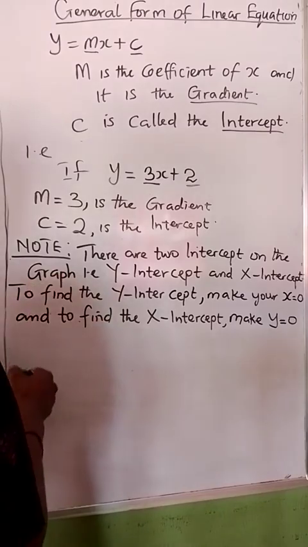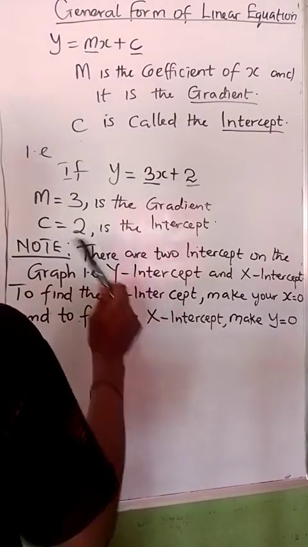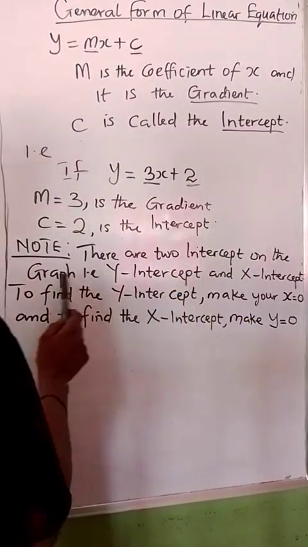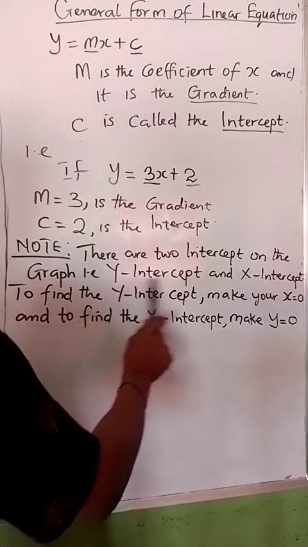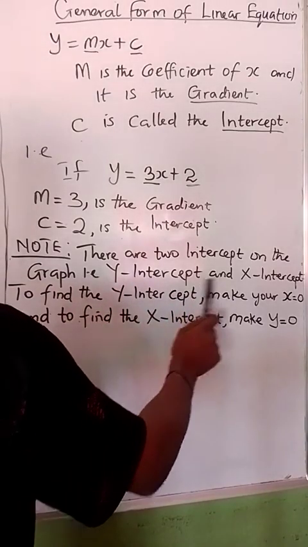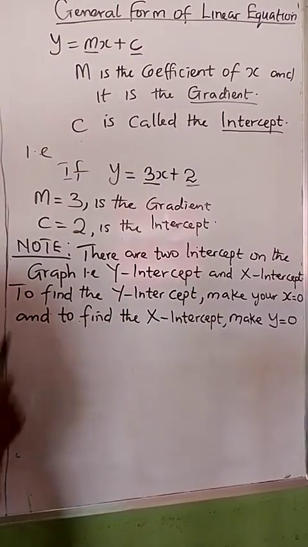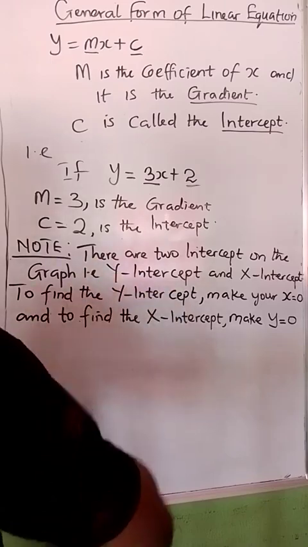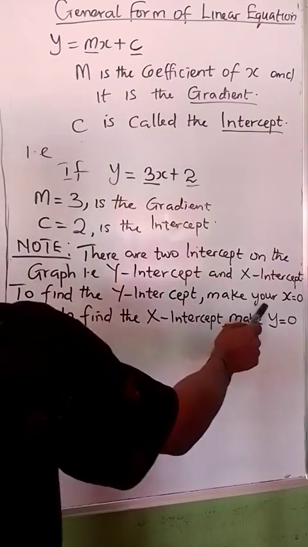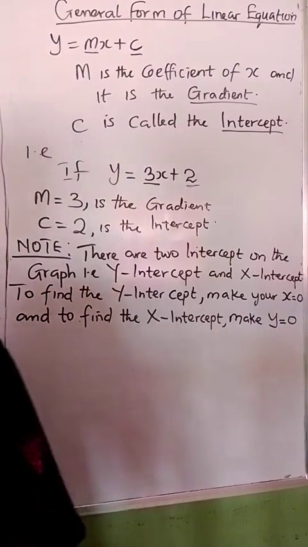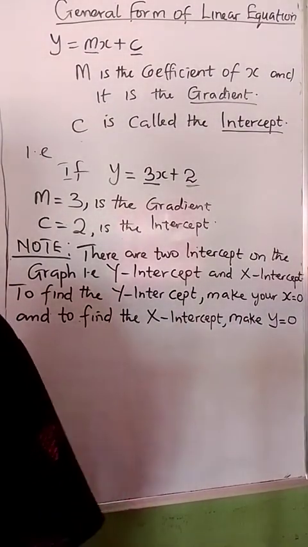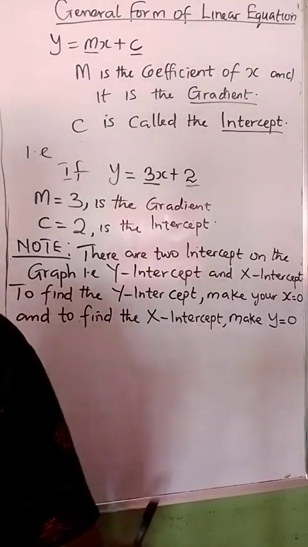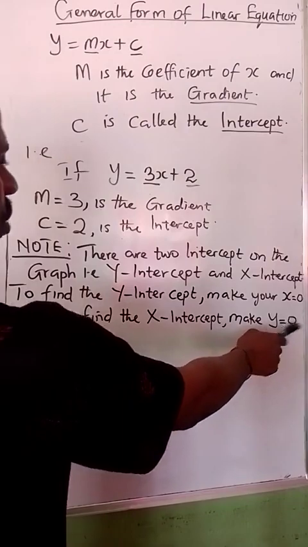Now note, for the intercept, there are two intercepts on the graph, that is the y-intercept and the x-intercept. To find the y-intercept, you make your x equal to 0. And to find the x-intercept, you make your y equal to 0.